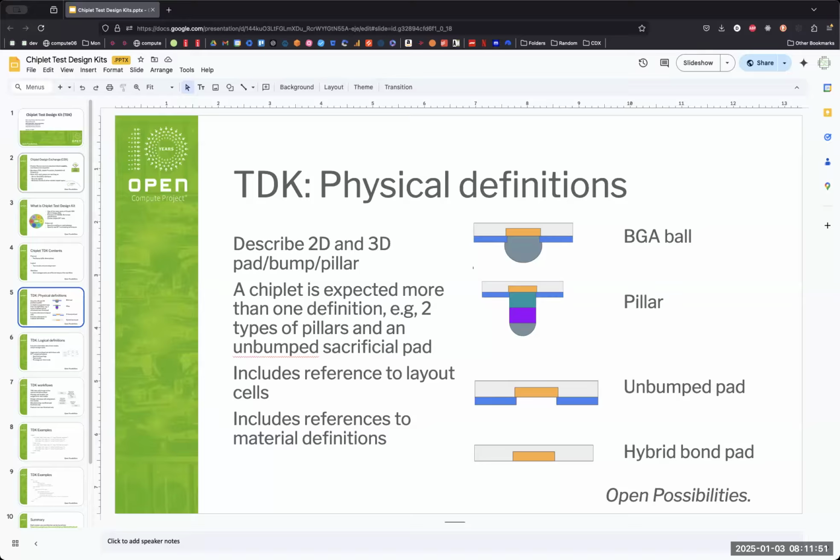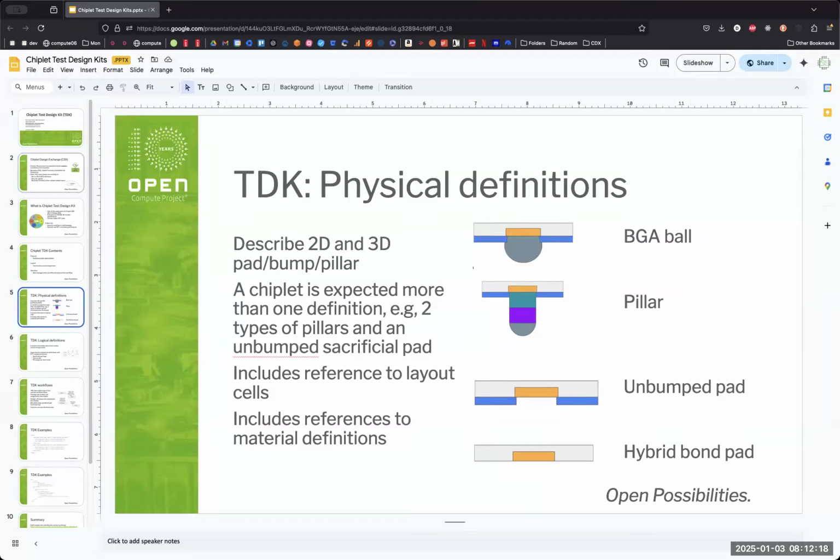Right. Agreed. You need to have a description as to whether it's a sacrificial pad or an actual scan pad, TDI or whatever it is. Correct. The way it works is you will have a test tag on the logical pin, and then you'll have the physical description of that pin.